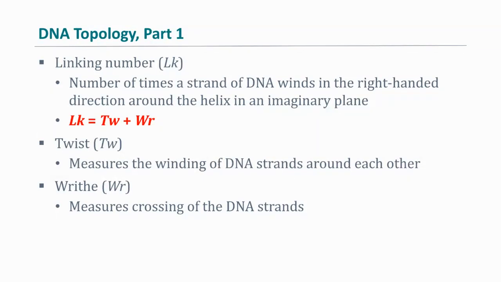The linking number is the number of times a strand of DNA winds in the right-handed direction around the helix in the imaginary plane. So Lk, the linking number, is the sum of the twisting number plus the writhing number. The twisting number measures the winding of the DNA strands around each other, and the writhing number measures the crossing of the DNA strand. Okay.